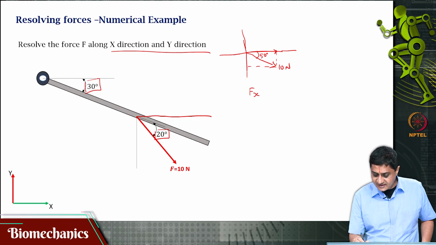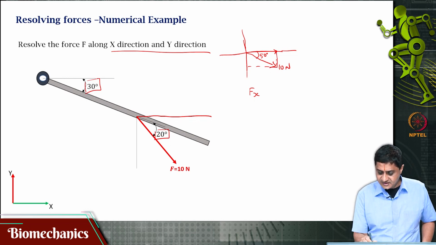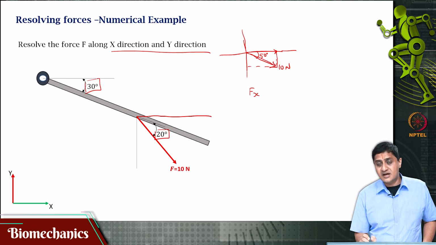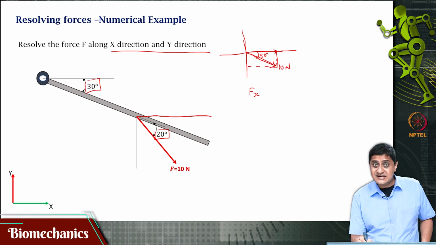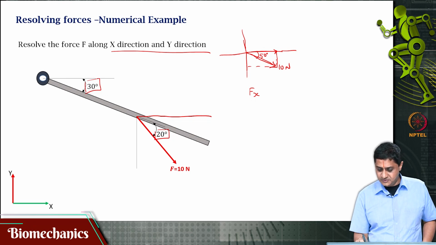In this right triangle, the force is the hypotenuse, and I am interested in finding the adjacent side. That means I will have to find the cosine. So, Fx would be F cos theta or 10 times cos 50.